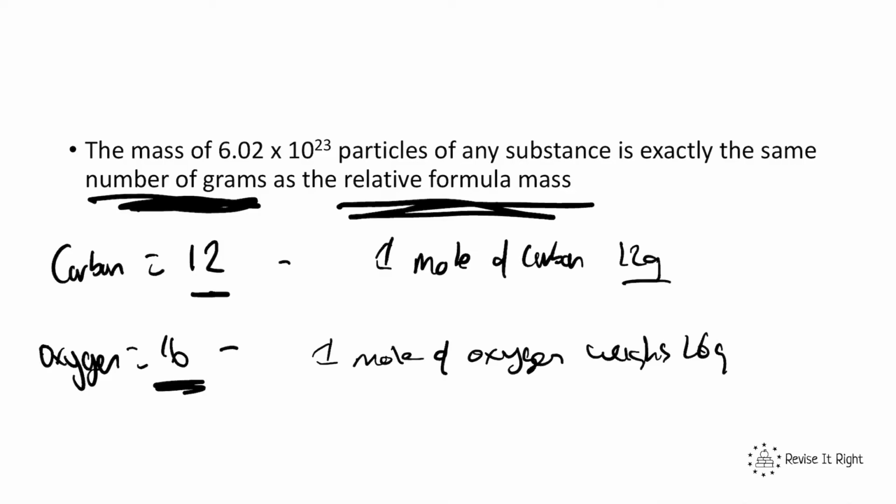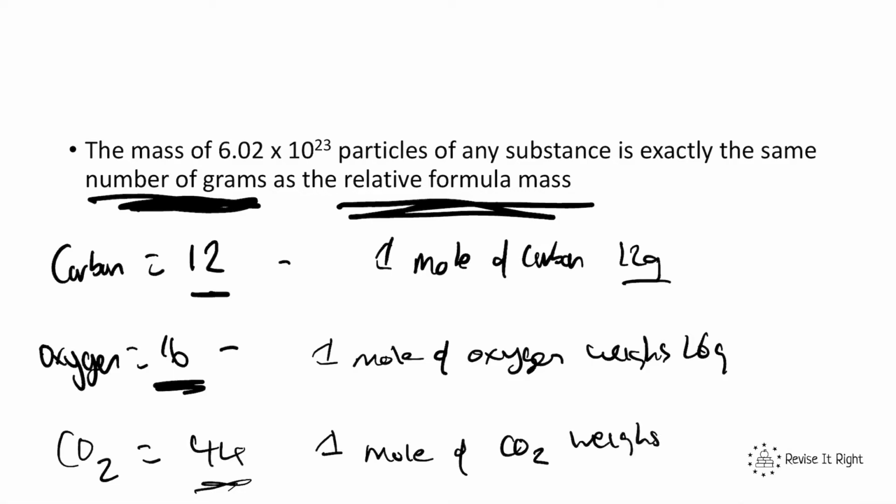So it also works for compounds. Carbon dioxide has a molecular mass of 44. So that means that 1 mole of carbon dioxide weighs, you guessed it, 44 grams.